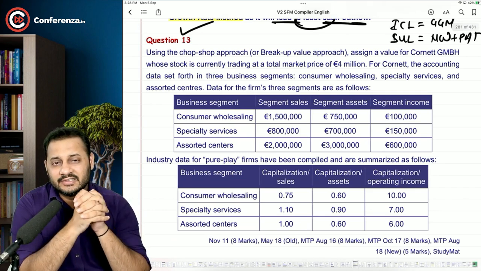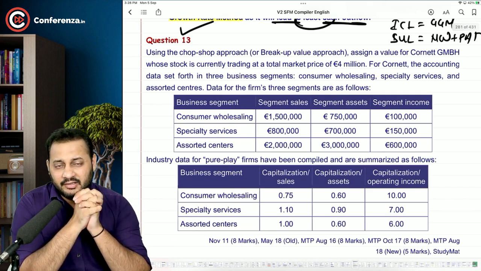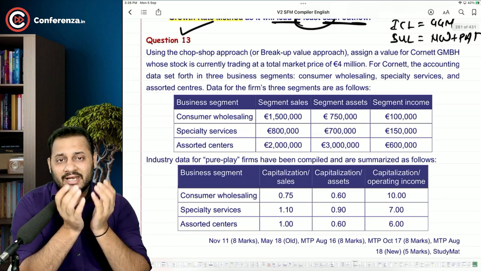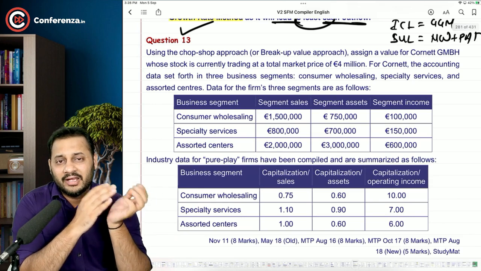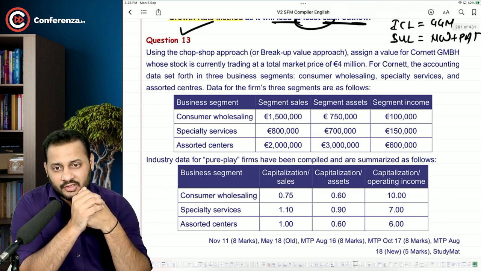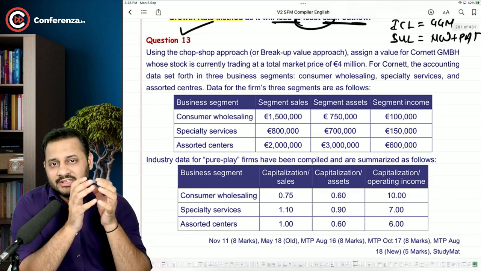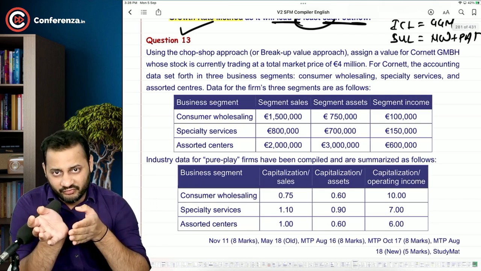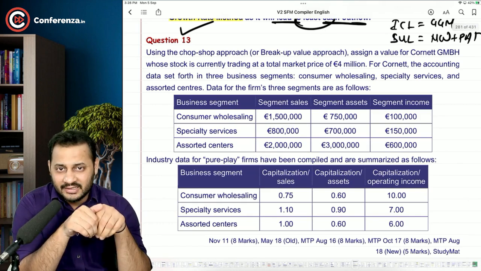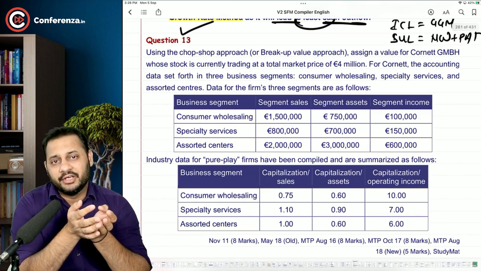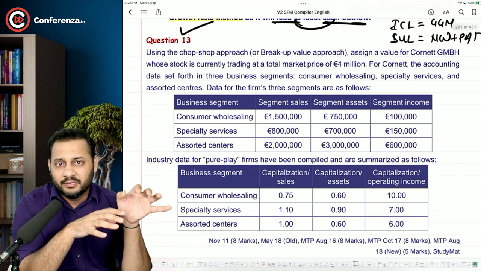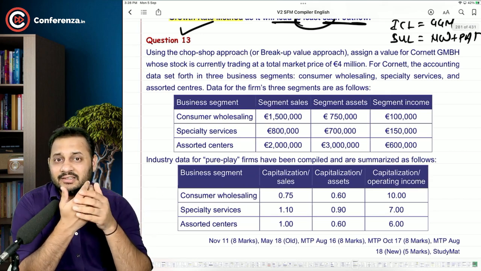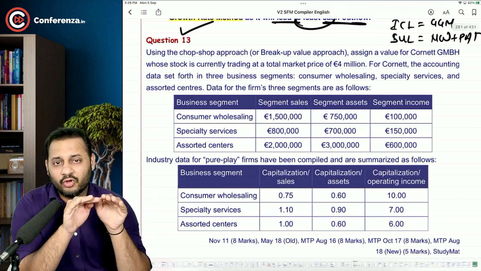These are the three things given in this question, and every category has its own values to form the value of the company itself. So the chop shop approach is nothing but calculating the value according to every approach, combining them, and then taking the average. Once you complete the question, you will realize that this concept is very easy. There are no formulas in this.